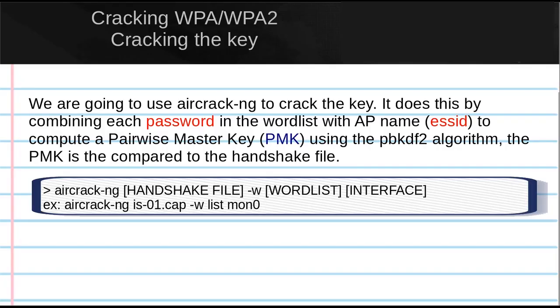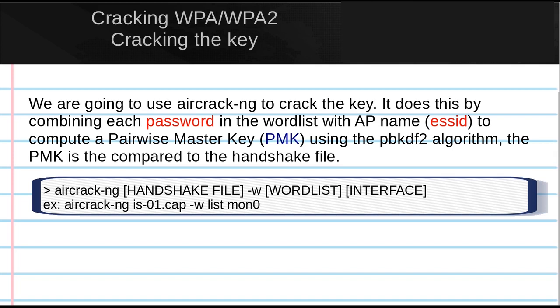We saw in the previous video how we can use Aircrack-ng to crack WPA encrypted passwords using a word list. In the previous video, Aircrack-ng went through our word list. It combined each password in the word list with the ESSID to create the PMK using the PBKDF2 algorithm, and then compared the PMK to the handshake.